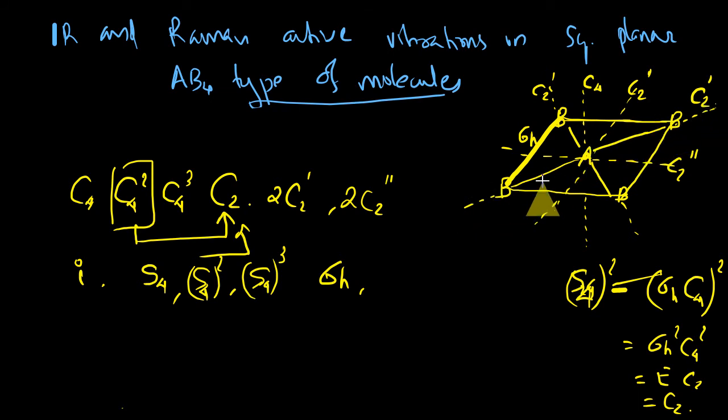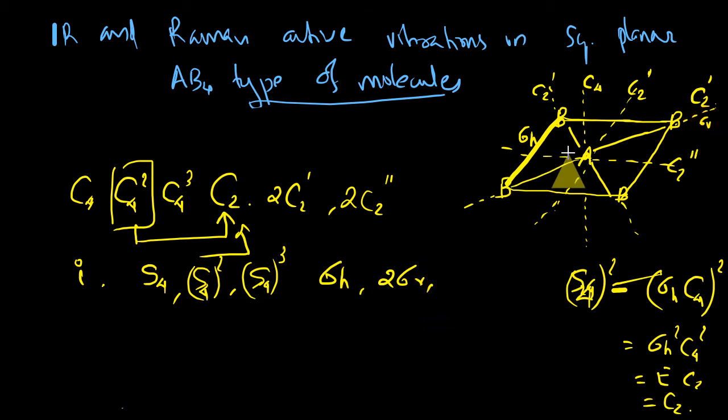So the sigma v planes are perpendicular to the plane of the molecule, and at the same time they contain the C2 dash axis. There are two of these kinds of vertical planes. One is through here and another vertical plane is through here. So these are vertical planes, 2 sigma v. Sigma v contains the C2 dash axis also.